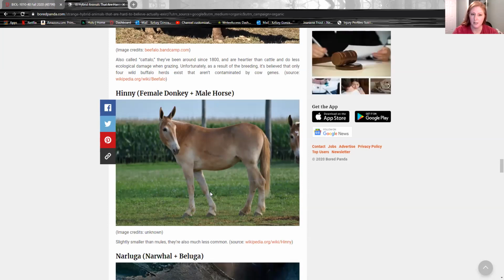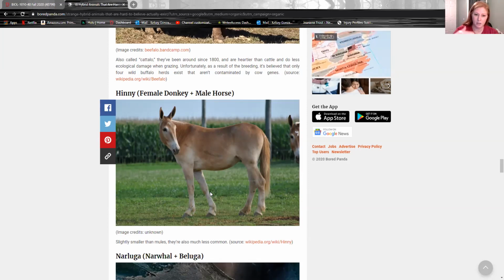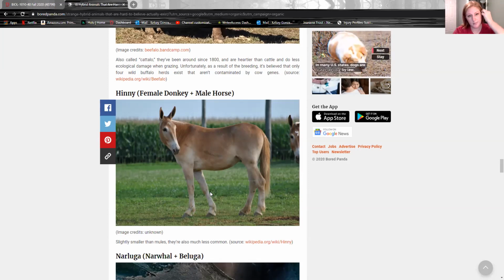And whereas hinnies aren't super helpful, mules are extremely helpful because of their build. They are excellent pack animals. They have very sure footing and very good endurance. But again, they're a hybrid, which means you can't take a boy mule and a girl mule and breed them and get more mules. Every time you want a mule, you have to breed a male donkey and a female horse. Okay?